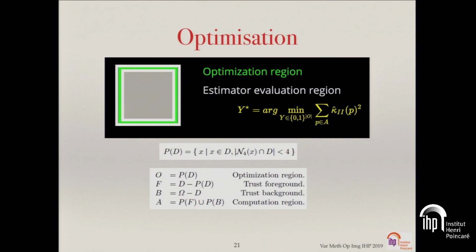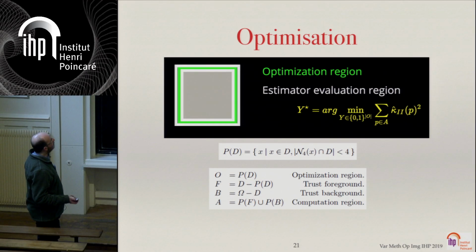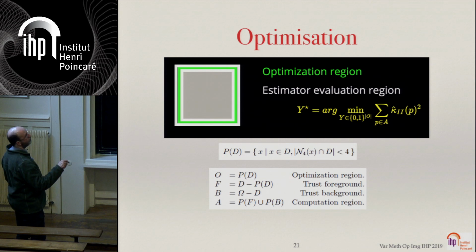And if we do that, we take care in running the optimization. What we need to do is, we have here our original boundary in green, and we consider a larger region, which is basically the dilation of this region.